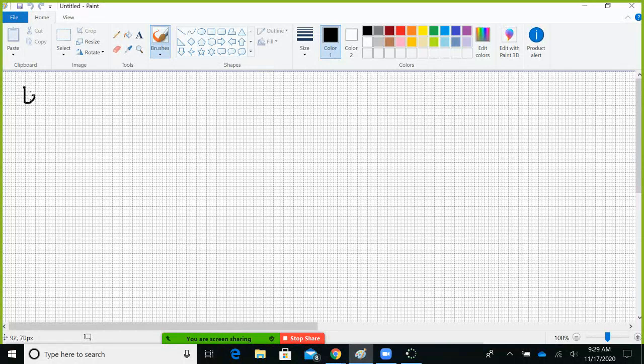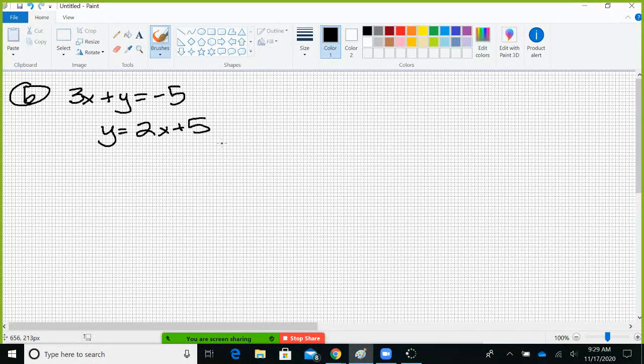Number 6. So we have 3x plus y equals negative 5. And y equals 2x plus 5. You guys are picking softballs for me. Thank you. Y equals 2x plus 5.